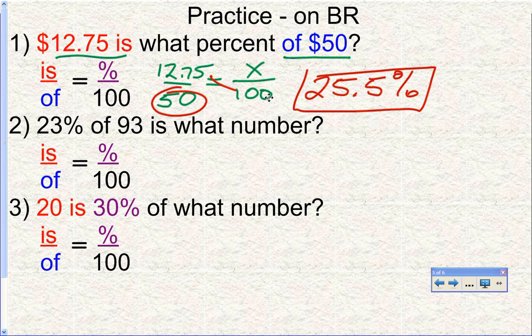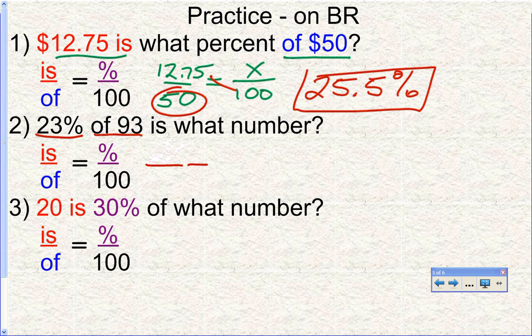All right. Number 2, 23% of 93. Of will always be before a number. So this is a confusing one too. Of 93 is. People aren't sure if it's an of or an is. If you have of something, then it's an of. If you have of and then a number, always treat that as an of.